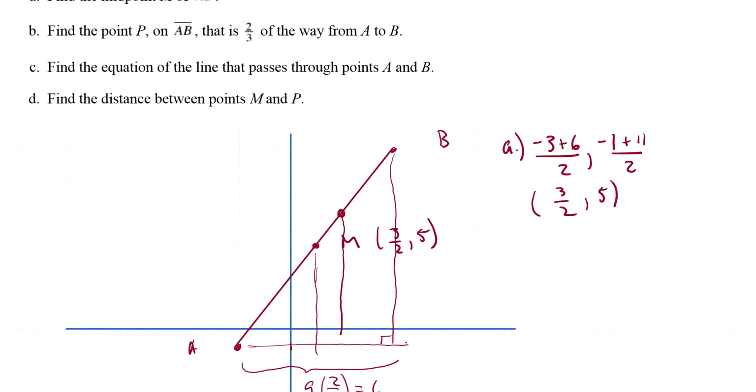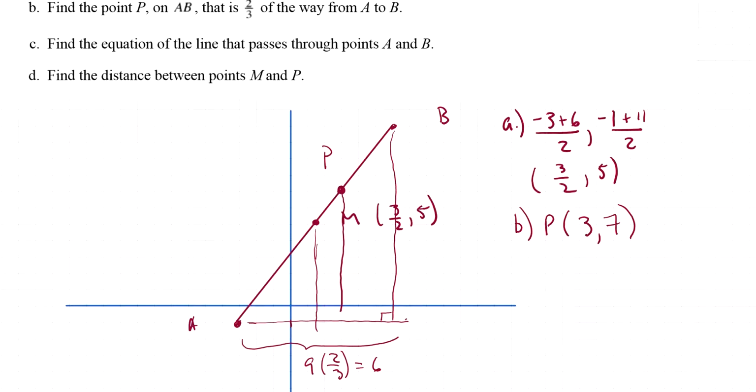So this point is P. And what is that point? 1, 2, 3, 1, 2, 3. And then that's 3, comma, 1, 2, 3, 4, 5, 6, 7 up. And so that's 2/3 the way from A to B.